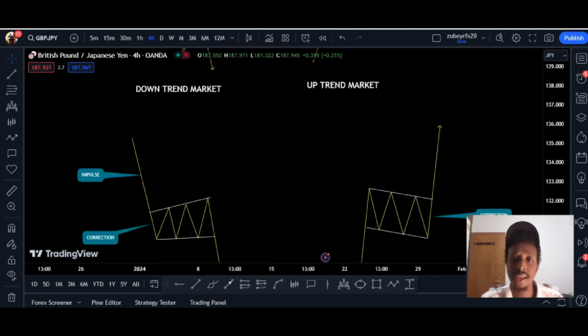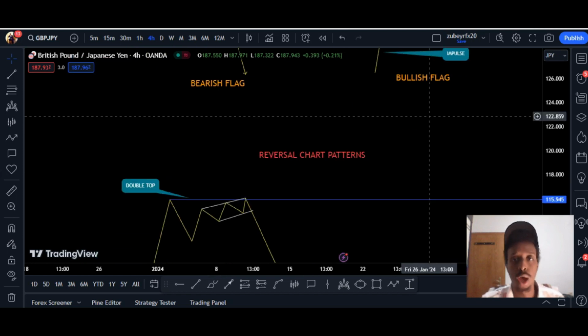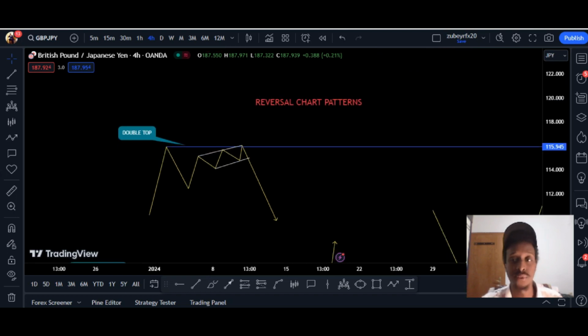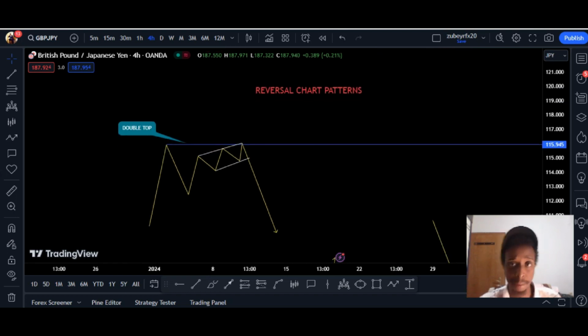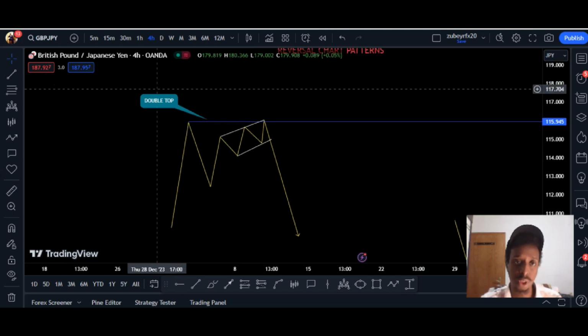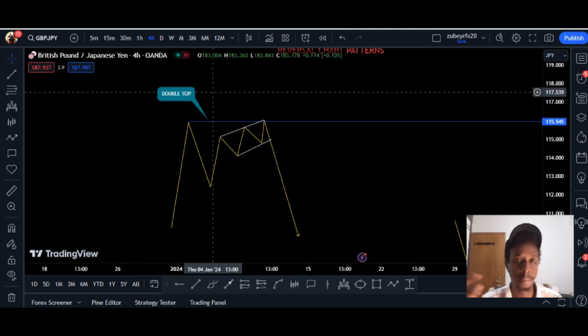So guys, in this Forex market, let's say you first found whether the market is in an uptrend or a downtrend. The second thing we look at is reversal chart patterns. This pattern is called a double top. You see me using this many times, and I even draw it in real practice.